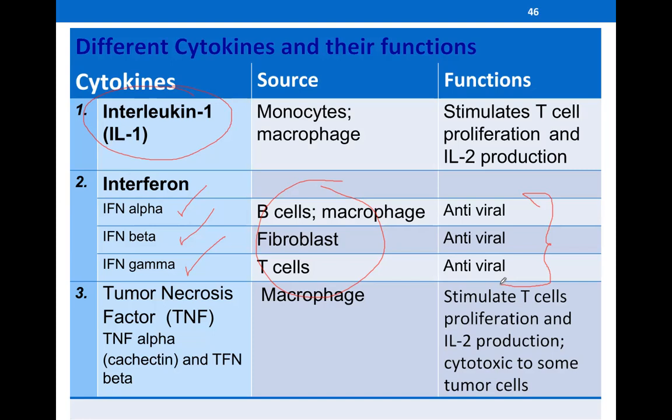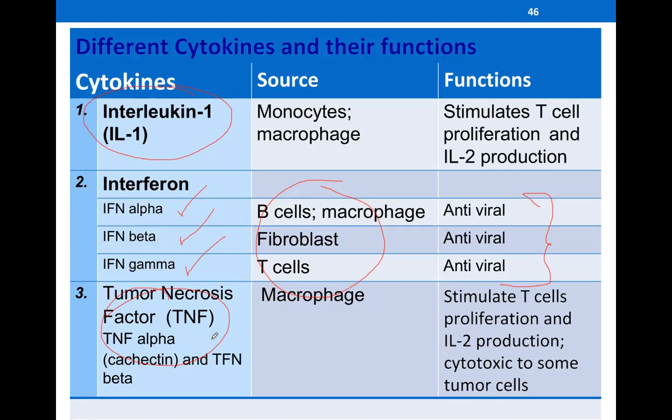Okay? And the last cytokines would be your TNF or your tumor necrosis factor. You have your TNF alpha or your cachectin and your TNF beta. Now, they're all from the macrophages, and their function is to stimulate the T cell proliferation and interleukin-2 production, and they are cytotoxic to some tumor cells. Thus, the term tumor necrosis factor.